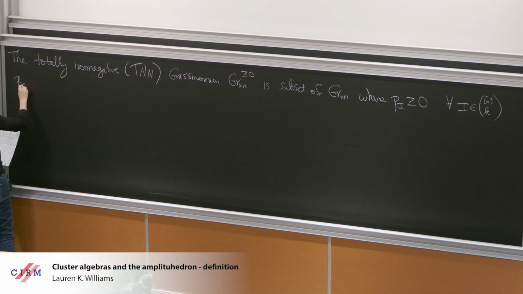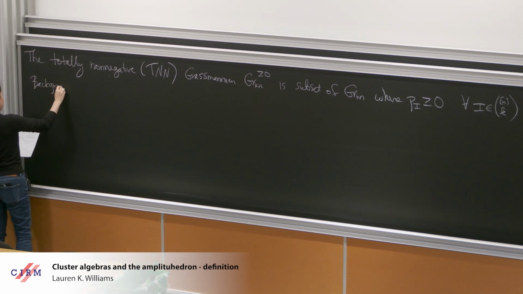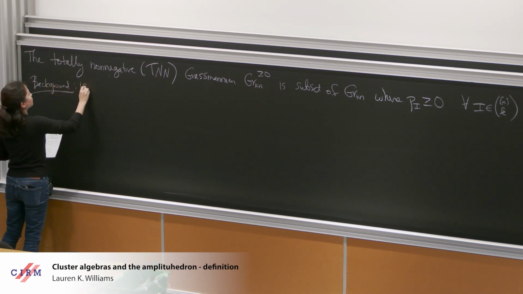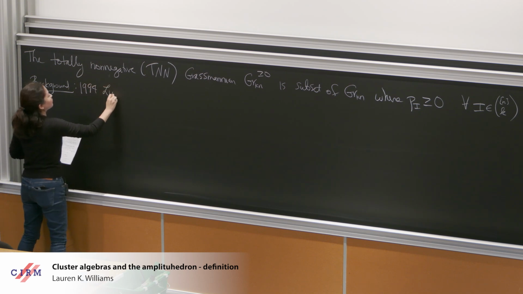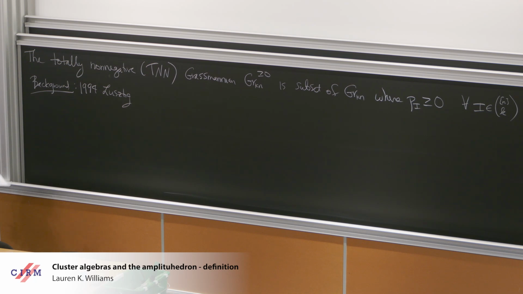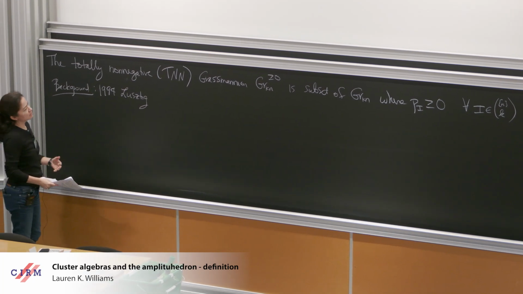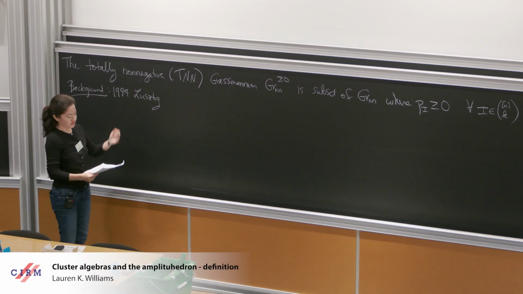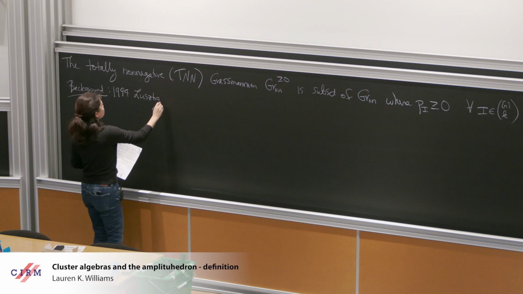And so this object first arose in work of Lusztig, where he defined the totally positive part of a real reductive group and the positive and non-negative parts of generalized partial flag varieties, of which the Grassmannian is a special case.